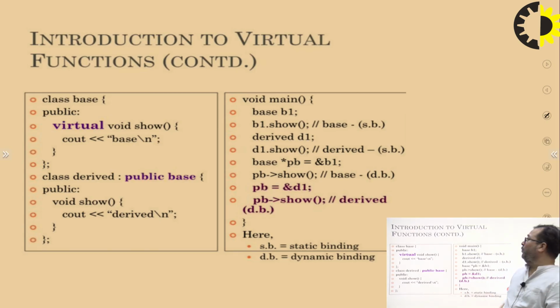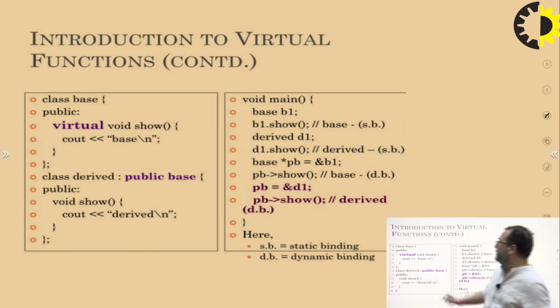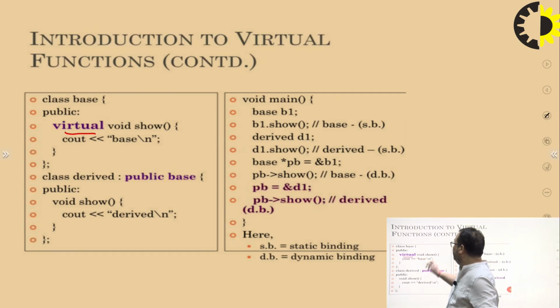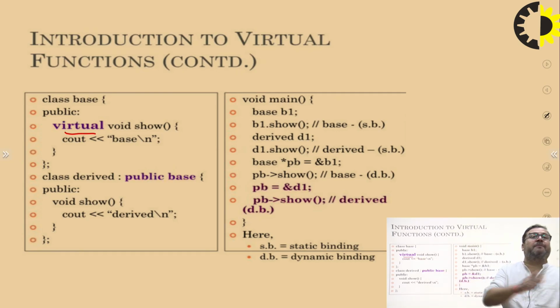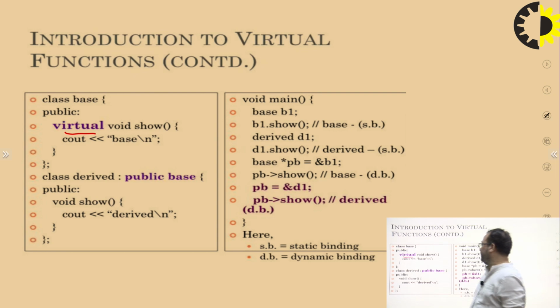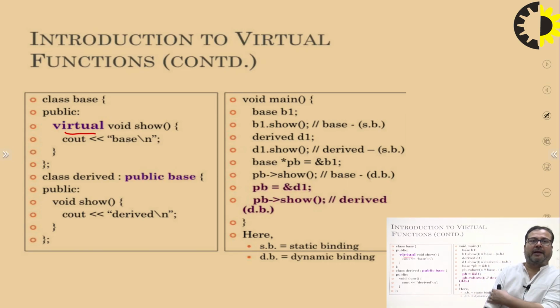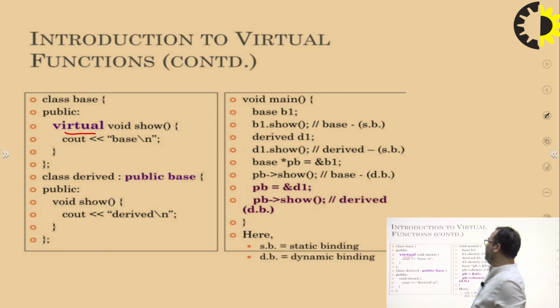Once you write that function as virtual in a base class, it is resolved at runtime, and only the code in the derived class, which has been redefined, is going to be invoked.